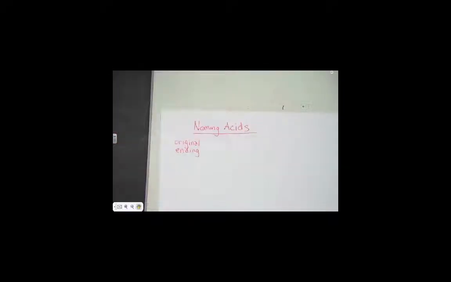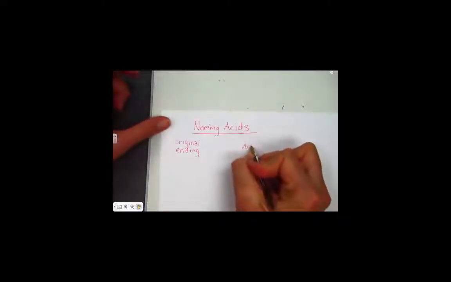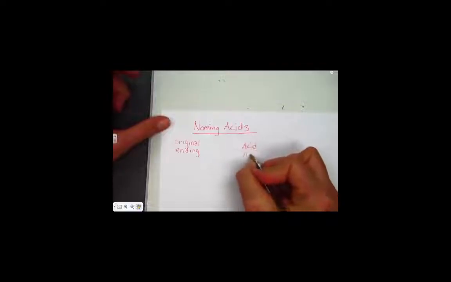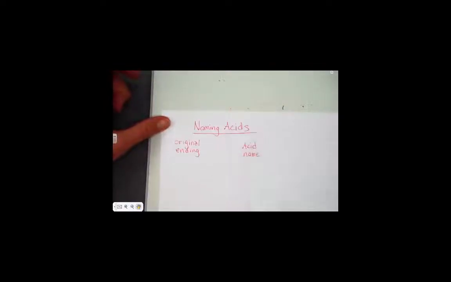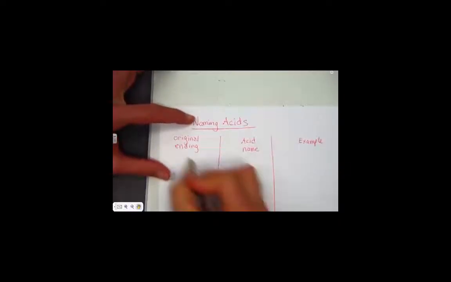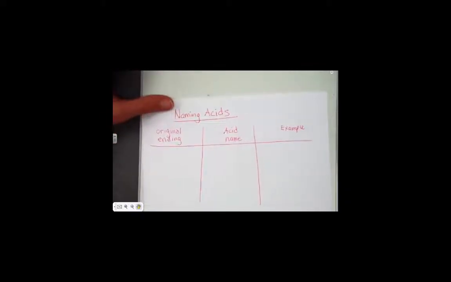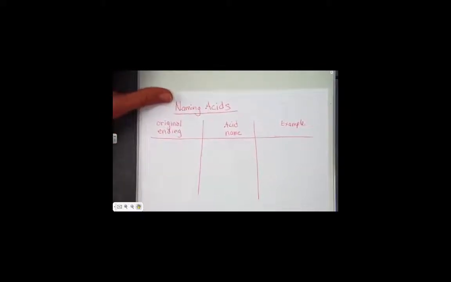Original ending, column 1. In our second column, let's write the acid name. And then in a third column, example. Alrighty? Again, you can squeeze this into the notepad. I'm overemphasizing making it quite large.